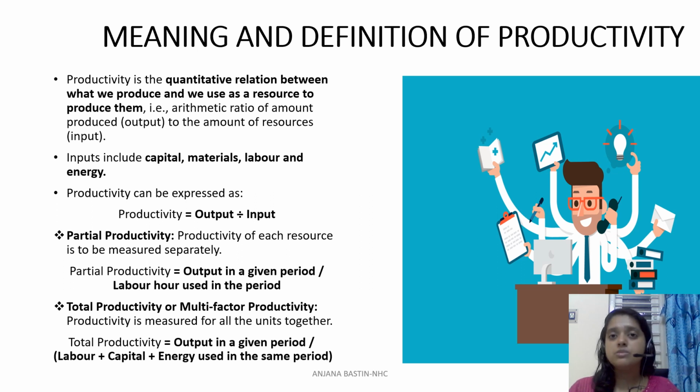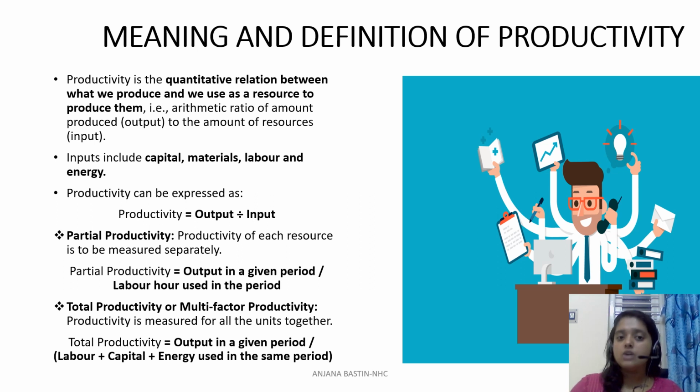This input basically is your capital, your material, your labor, energy, all of that. Productivity can be expressed as output divided by input. Now if you measure the productivity of each of the resources separately, for capital, material, labor, and energy, we call it partial productivity.